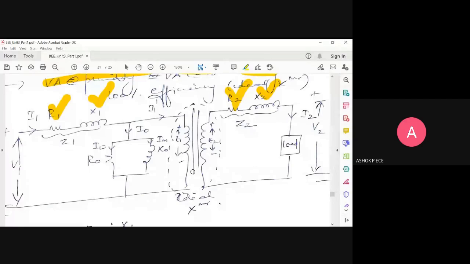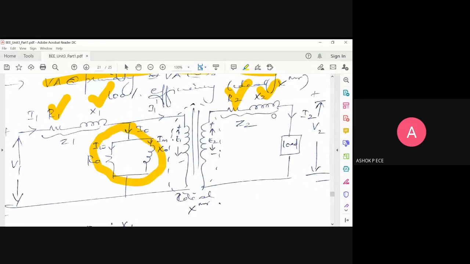The induced EMFs are E1 and E2, and these two parallel lines indicate the mutual coupling between the primary and secondary winding. I again say the primary and secondary are not physically connected in a transformer. They are coupled magnetically through magnetic flux. And these two components are your no load component.